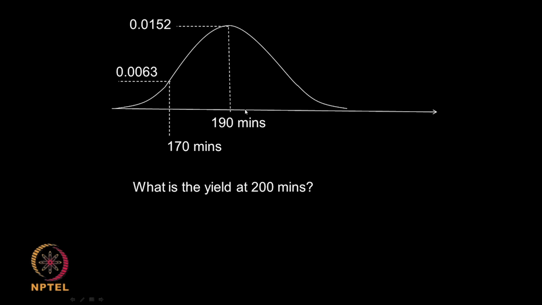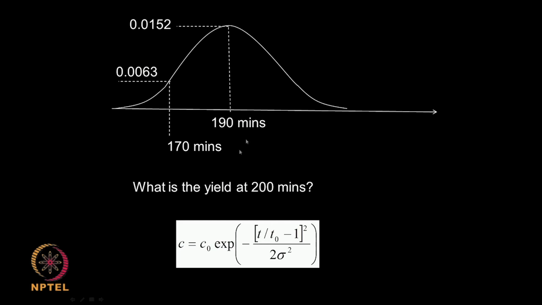So, here what is the yield, that means how much of this material I have collected at 200 minutes. So, the equation which you need to use is slightly different. So, you are now looking at the original equation which describes this type of Gaussian distribution, C is equal to C naught exponent T by T naught minus 1 divided by 2 sigma square.